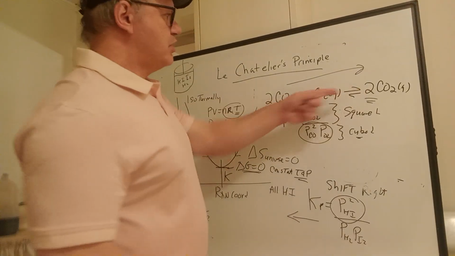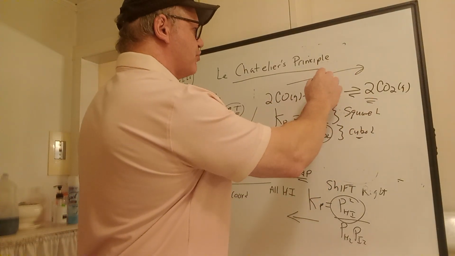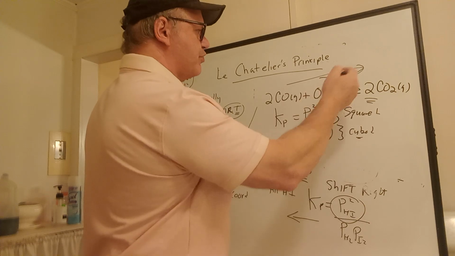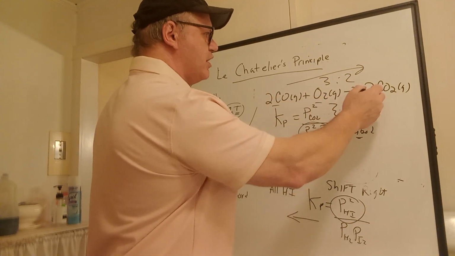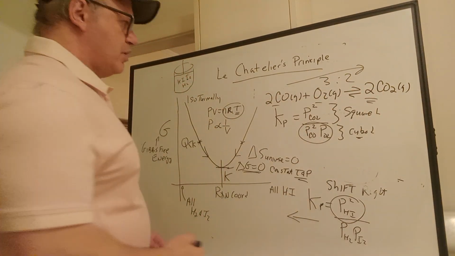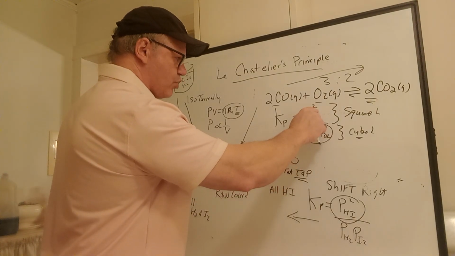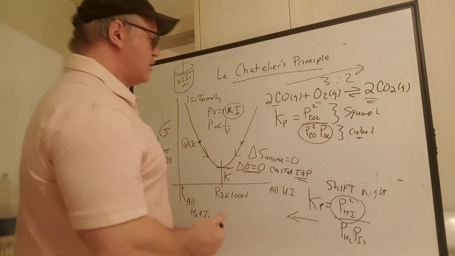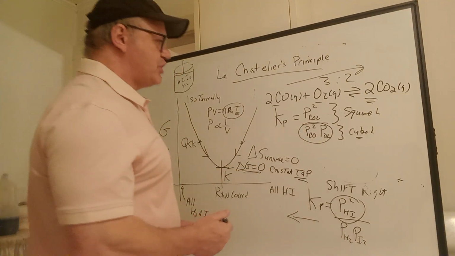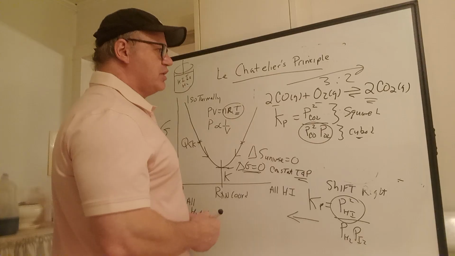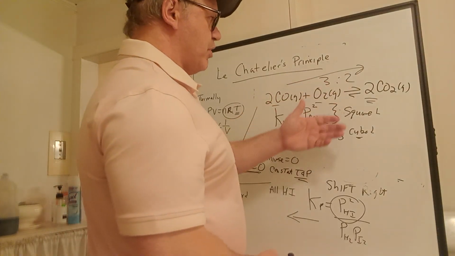There's a 3 to 2 ratio: 2 and 1 is 3 on this side, 2 here. You can see it's cubed, squared, to the first, squared, total powers. So you will shift, when you increase the pressure, to the side of less gas phase moles.